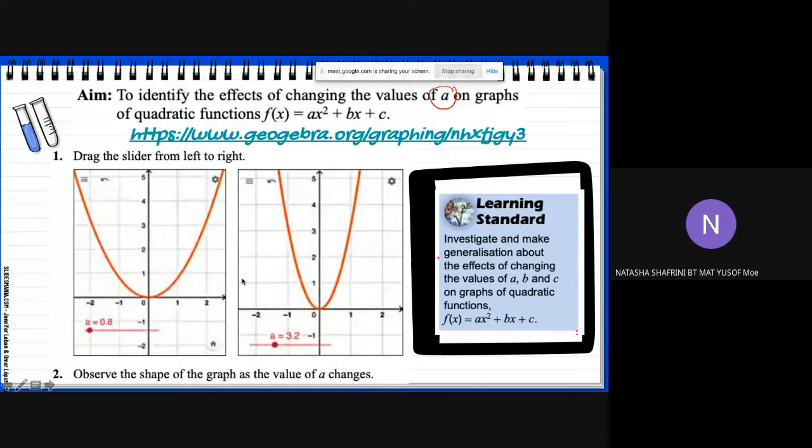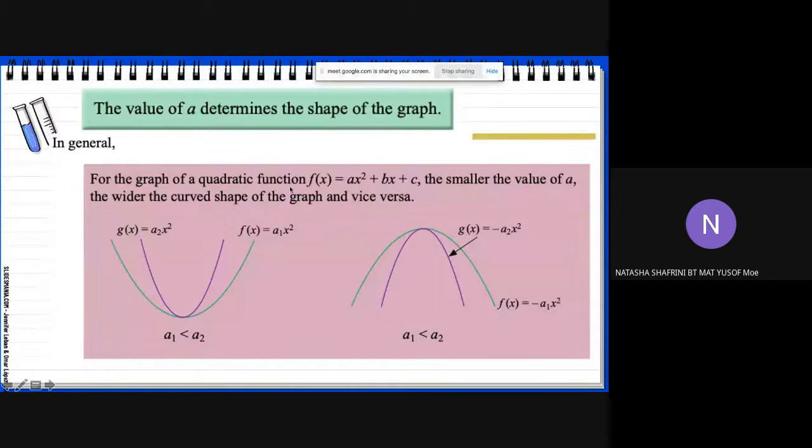Okay. So you observe the shapes of the graph, you akan nampak dia akan jadi semakin kecil. Okay, so the value of A determine the shapes of graph. Kalau you tengok for the graph f(x) ax square plus bx plus c tadi, kita ada ax square saja. So that's why dia dekat origin. Okay, the smaller the value of A, the wider the curve shapes of the graph and vice versa.